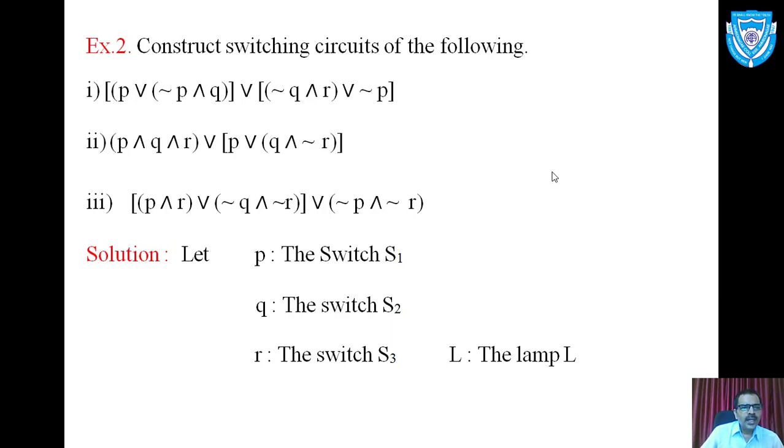Now let us represent the statement P as the switch S1 is closed, statement Q as the switch S2 is closed, and R as the switch S3 is closed, and the statement L representing the lamp L glows. Now in this proposition, in the first close bracket there are 2 loops, while in the second close bracket again there are 2 loops. Total there are 4 loops.